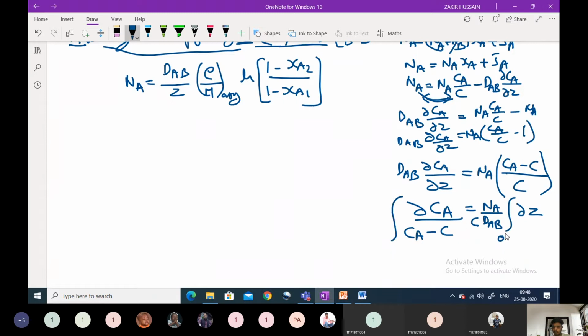Integration is from 0 to Z, and the concentration is from Ca1 to Ca2. Initially when Z is equal to 0, it is Ca1. When Z is equal to the completion of the diffusion path, it is Ca2.